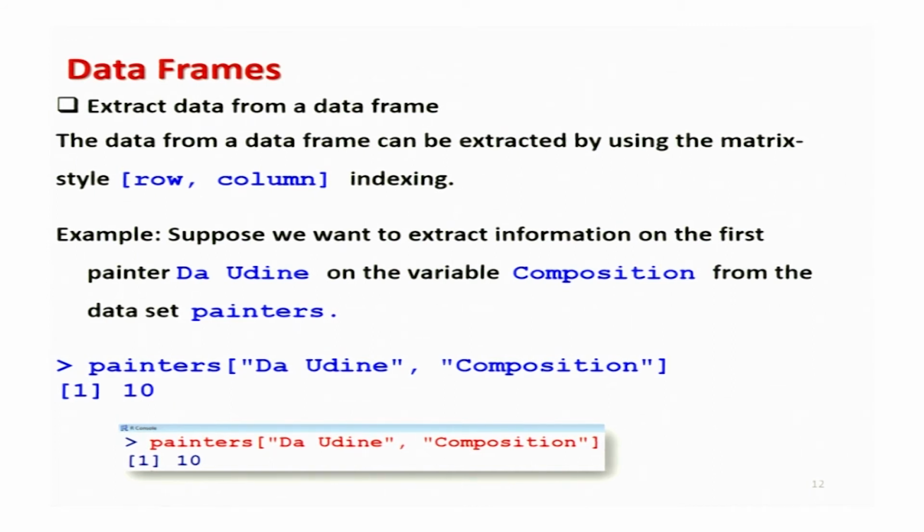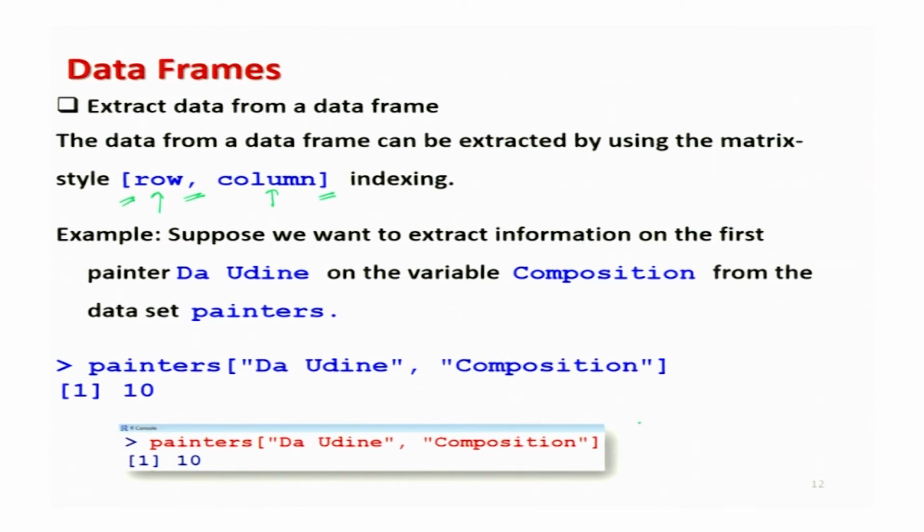Similarly, in the case of a data frame also, you have to write down the square brackets, and within the square brackets you write the address of the row and the address of the column, separated by a comma, right. And then you press enter.